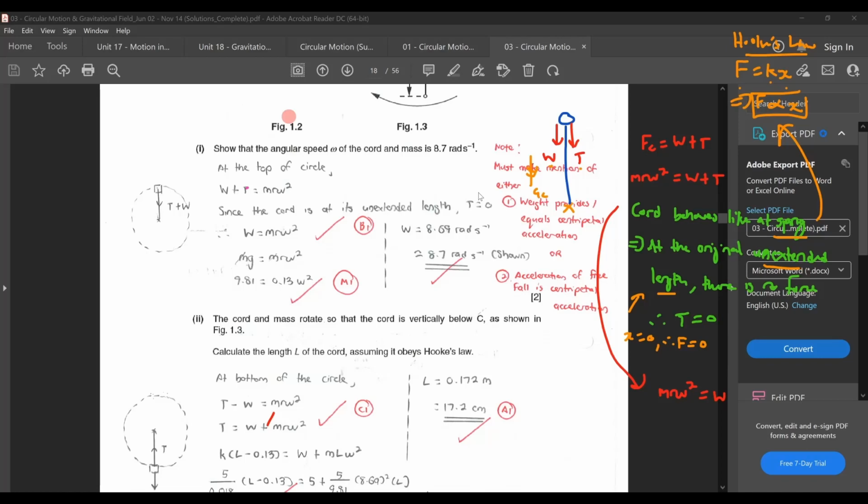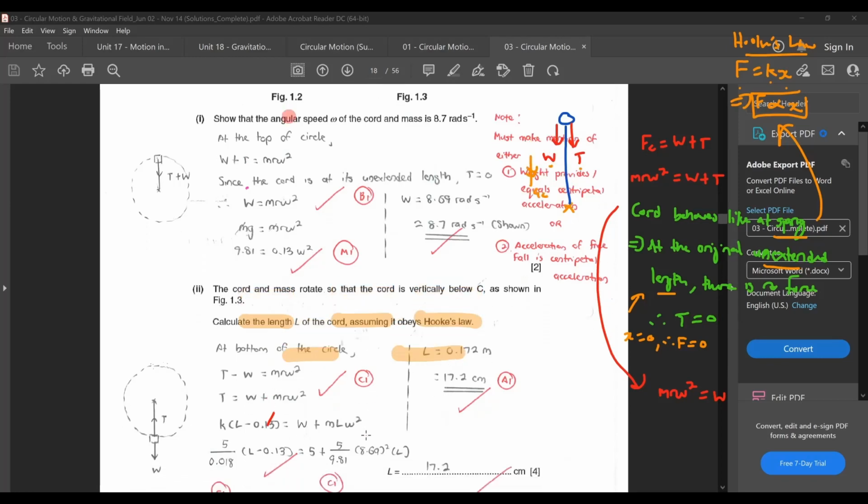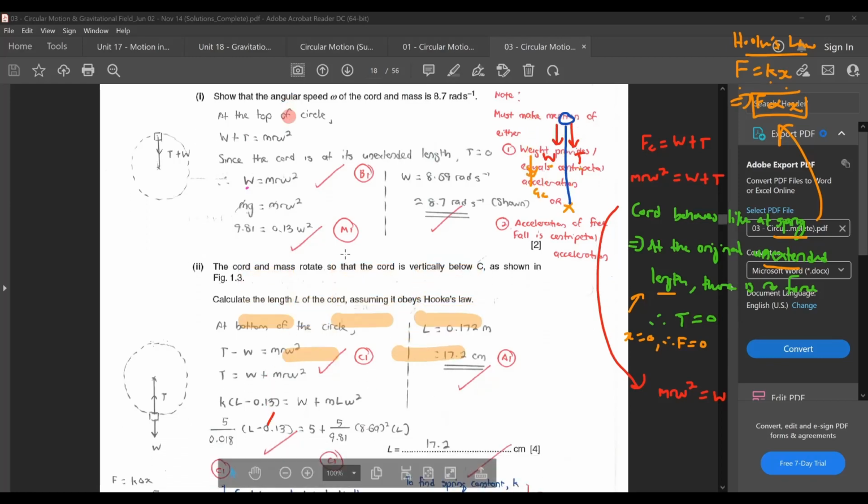For part 2, they tell you that the cord and the mass rotate so that the cord is now vertically below C, below the center of the circle, as shown in figure 1.3. Calculate the length L of the cord, assuming that it obeys Hooke's law. This time they ask you to consider the case at the bottom of your circle.